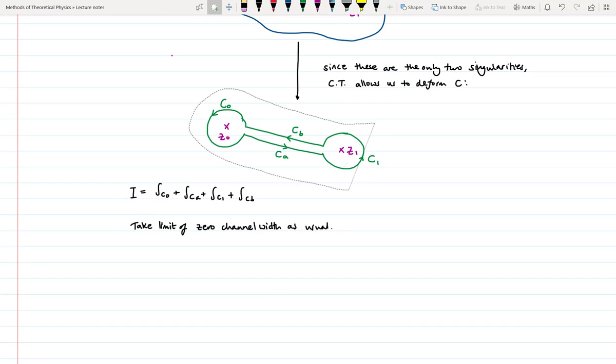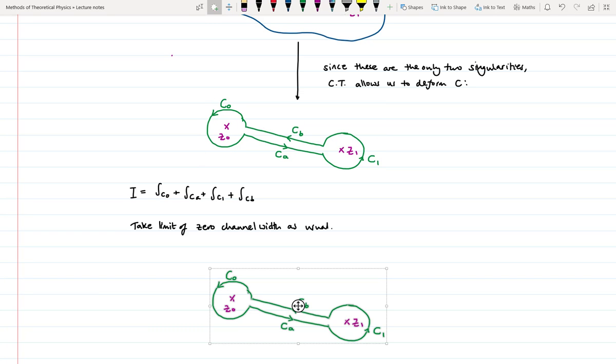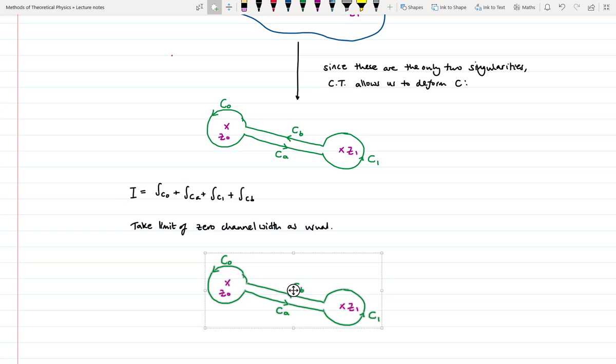I'm going to take a copy of this. And I'm now going to remove the channel contributions and close those other paths.